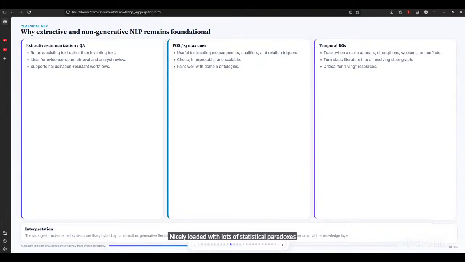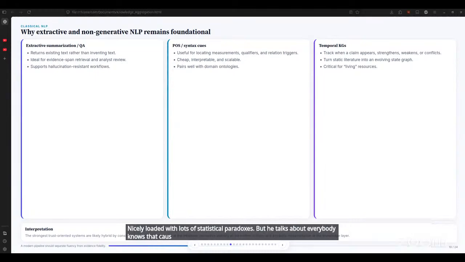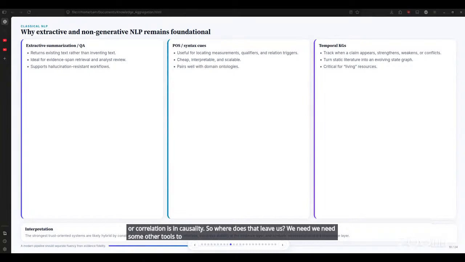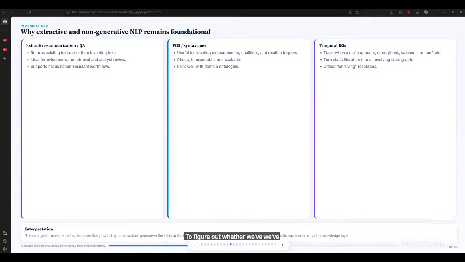But he talks about how everybody knows that correlation isn't causality. So where does that leave us? We need some other tools to figure out whether we've discovered causality. Are you doing anything in that area?